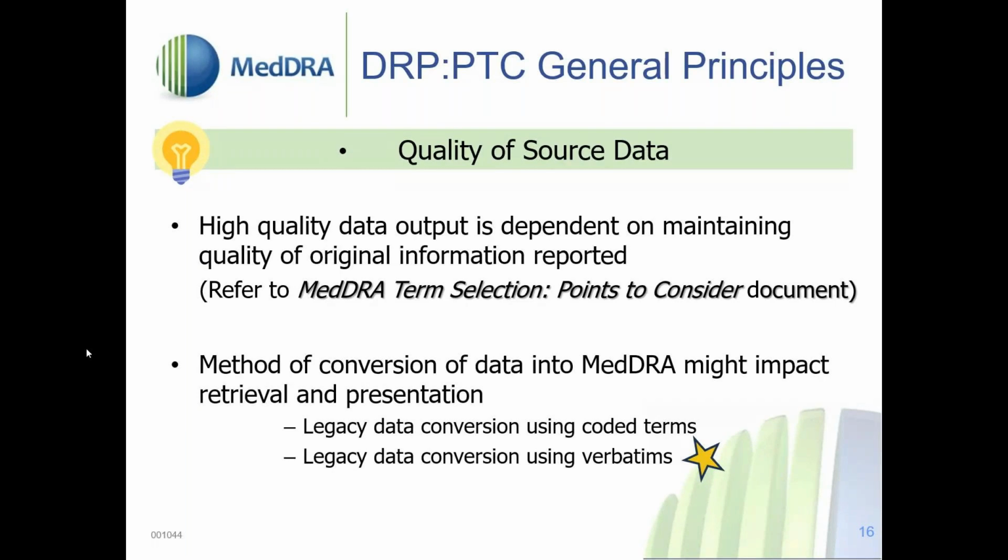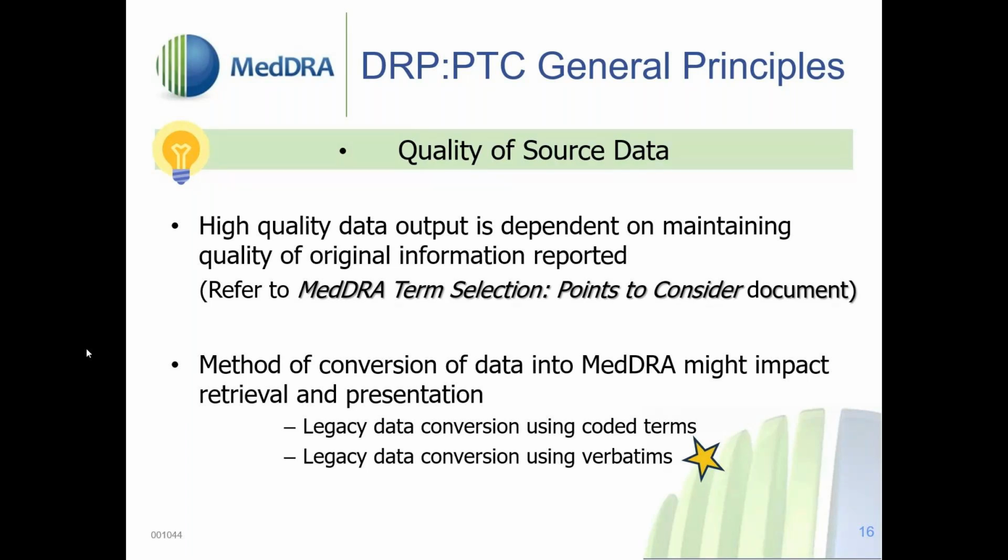But also other things impact the quality of the source data. If you need to convert data from a previous terminology, we often call this legacy data, the way you do this might impact your retrieval and presentation in the end.